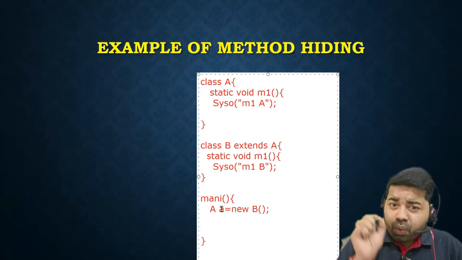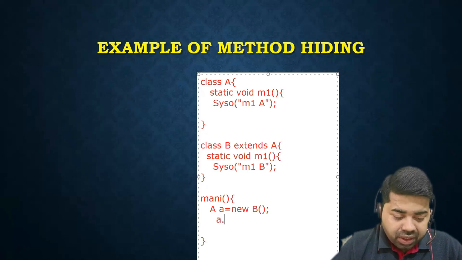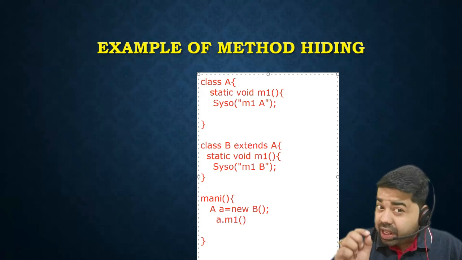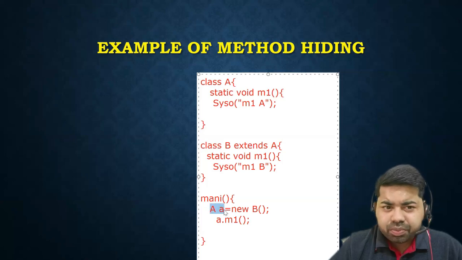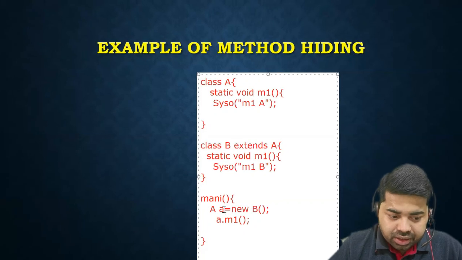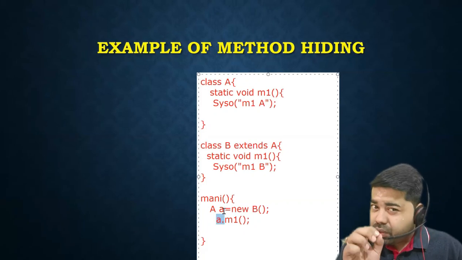It will execute based on the class reference variable type we have. So you can see here we have a reference variable of type A, so it will execute the A class method. I hope you are able to understand, guys.